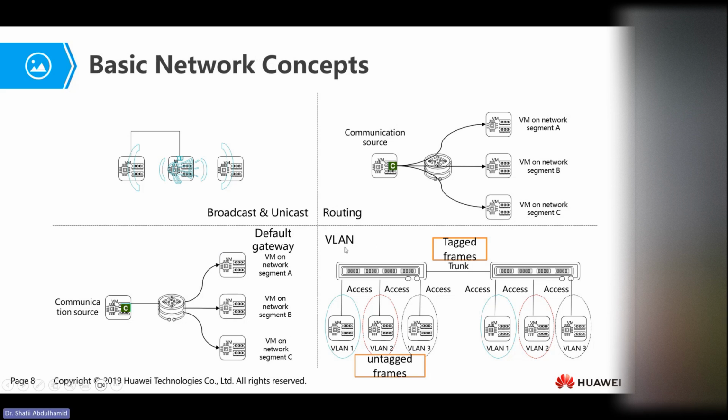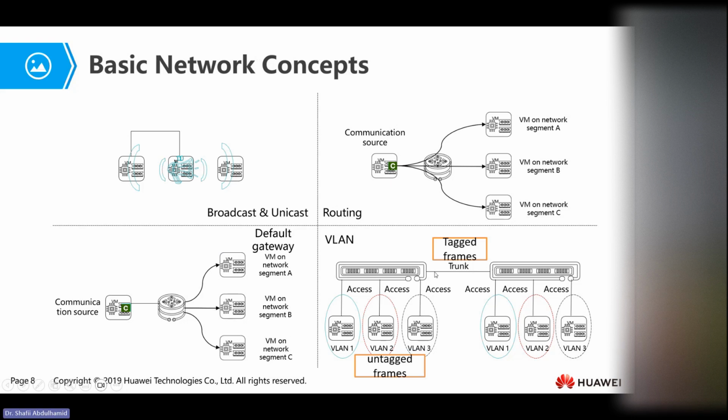For example, this is a physical switch, basically a layer 2 switch. This is another physical switch, which is another layer 2 switch. Then we need to have a connection between the two different switches before we can have communication between LANs that are on different switches.